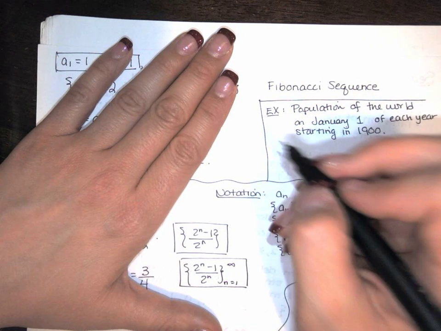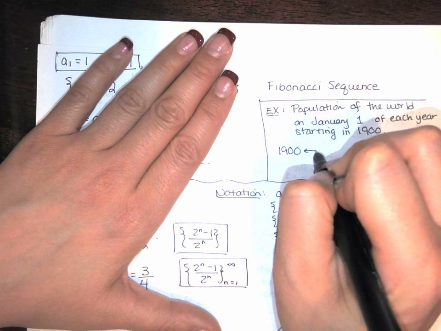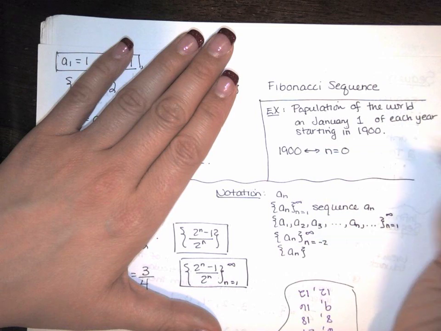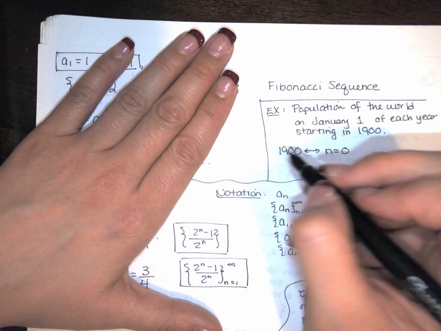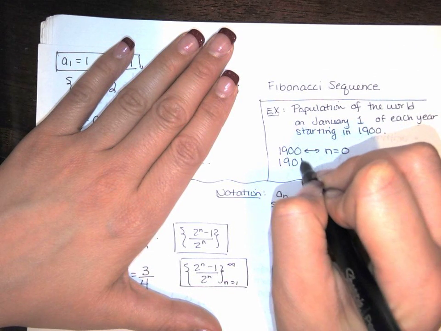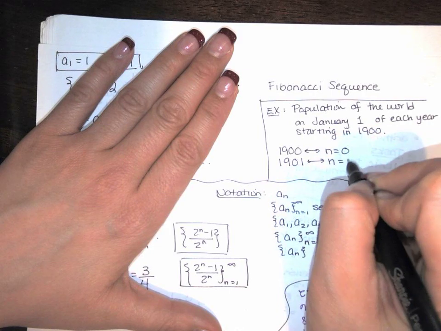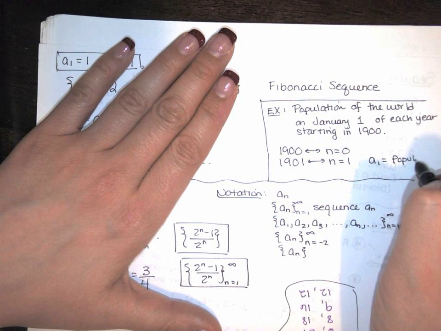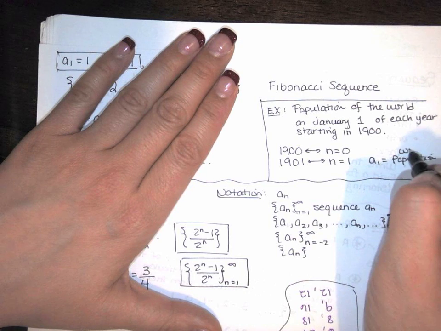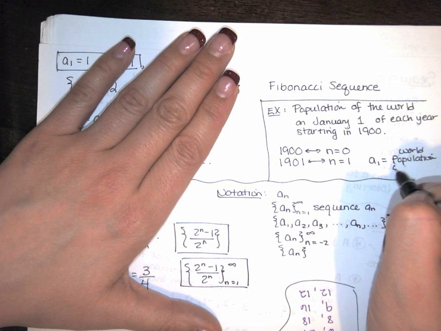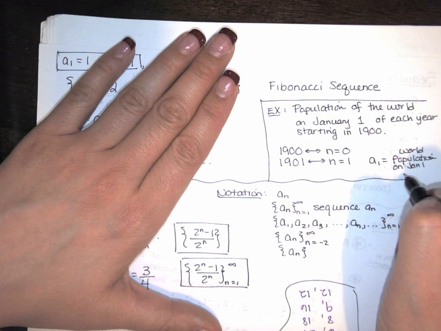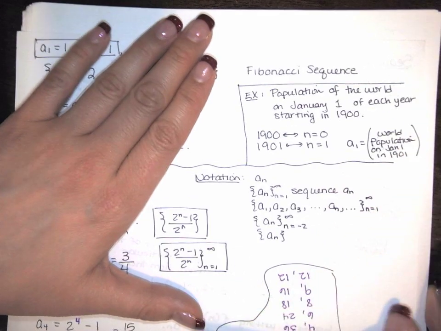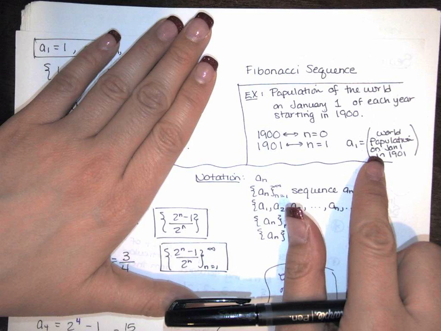So we might say that 1900 corresponds to n equals 0. So 1901, that's going to correspond to n equals 1, and a sub 1 would be the population of the world on January 1st in 1901. And I guess we're going to assume it's 12 a.m. We're going to count the world population. That's what we're going to call a sub 1.